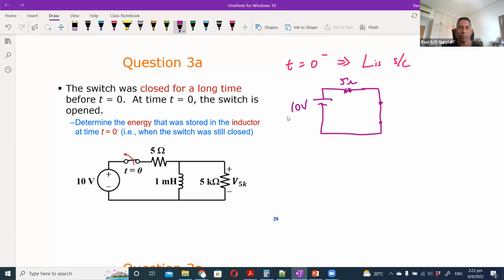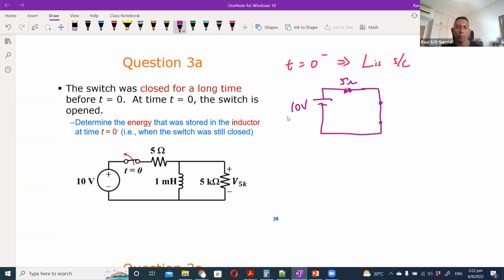Always remember, whenever there is a short circuit part parallel to any other branch with any other component, the short circuit will automatically override anything else connected in parallel to it.